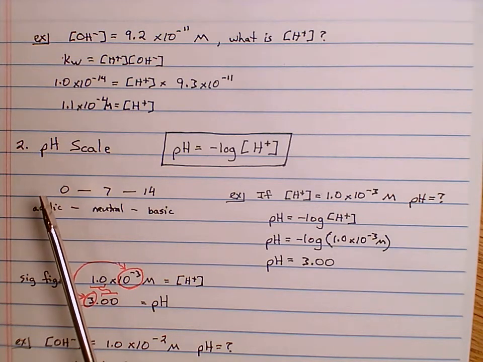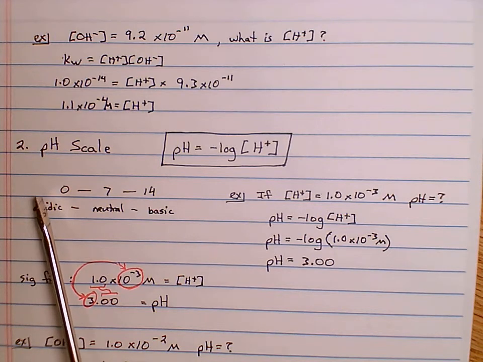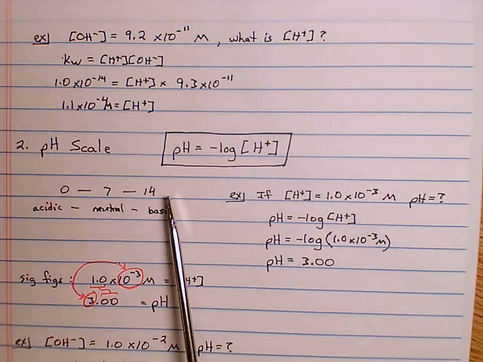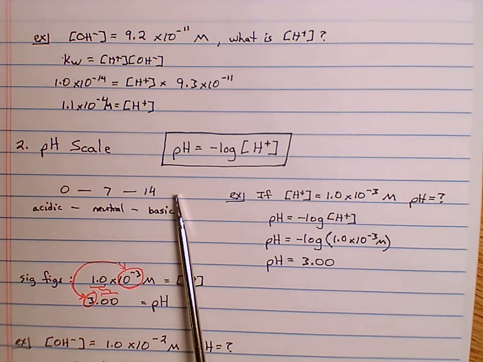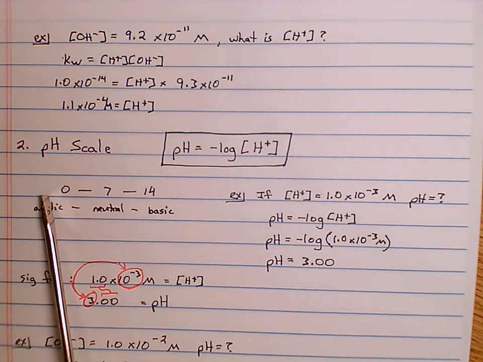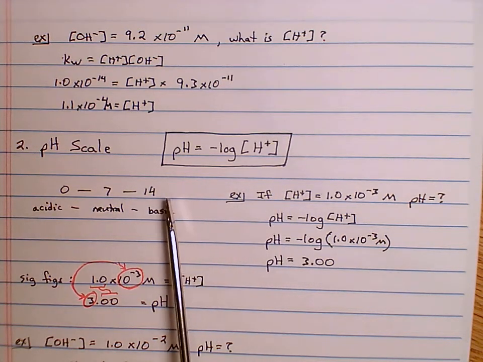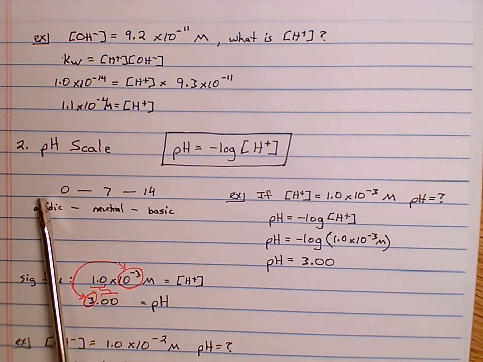So, although most books have 0 to 14 as a scale, it's really more like -1, almost -2, to like 15.5, maybe 16. All right, but if you're at less than 0, if you're in negative pHs or greater than 14, you are way in the extremes. Extremely, extremely basic solutions or extremely, extremely acidic solutions.